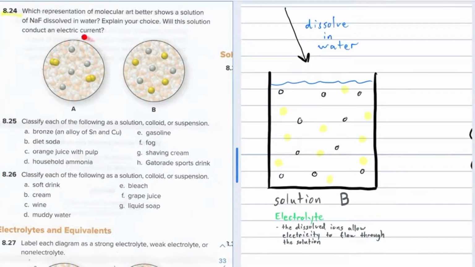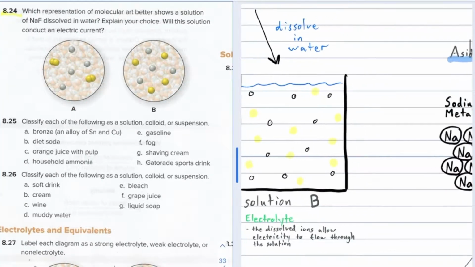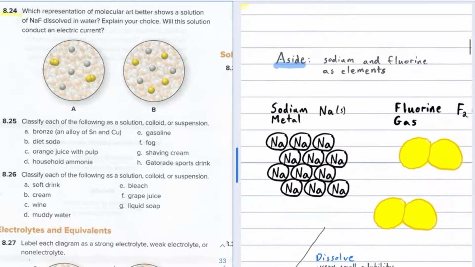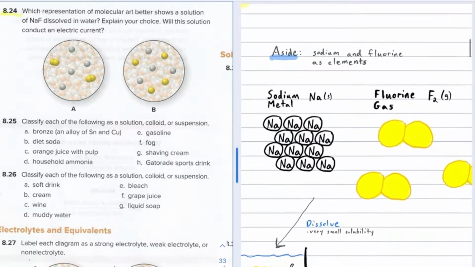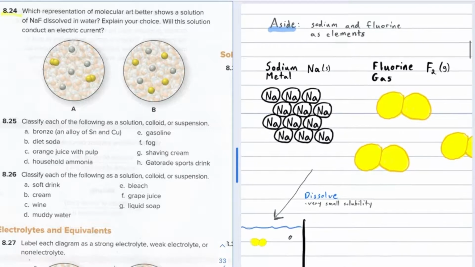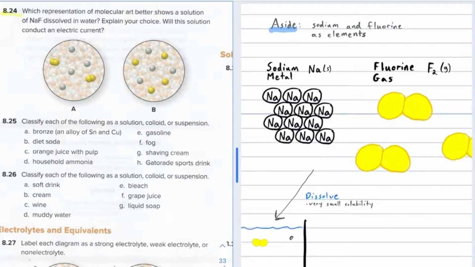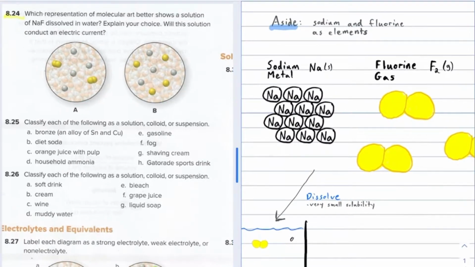Now just a little bit more on solution A, or mixture A. Just a little aside. Let's remember what we talked about back in chapter 2 when we discussed elements. The elements sodium and fluorine, when they're elemental substances: sodium is a metal, and it's made of sodium atoms, and it's usually a solid.